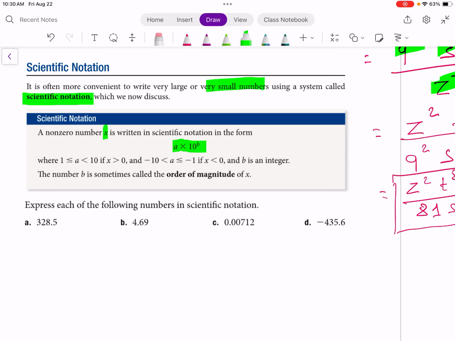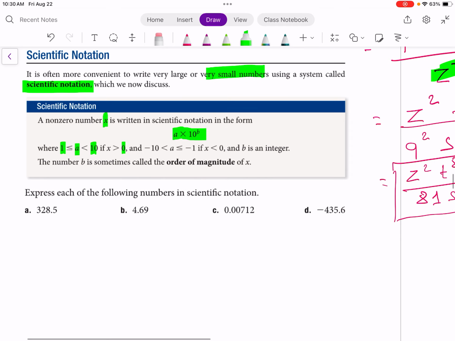Here, a has to be between 1 and 10 if x is greater than 0, and a is between -10 and -1 if x is less than 0. And b is an integer. Now b is called the order of magnitude of x.